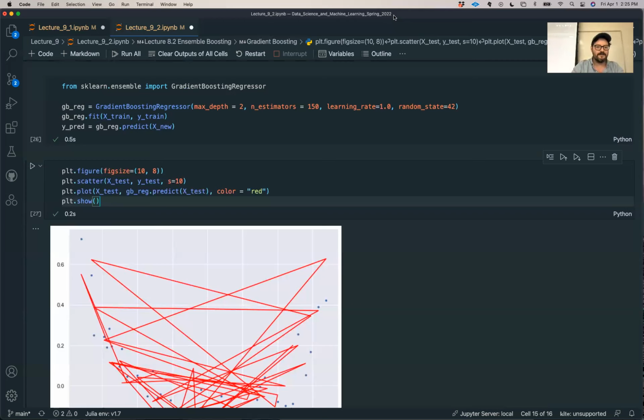So then points dot sort, and then do p lambda x goes to x. Actually, let me fix this real fast.